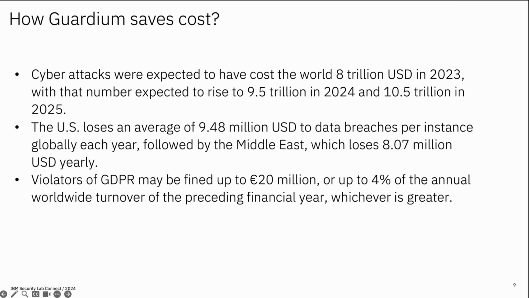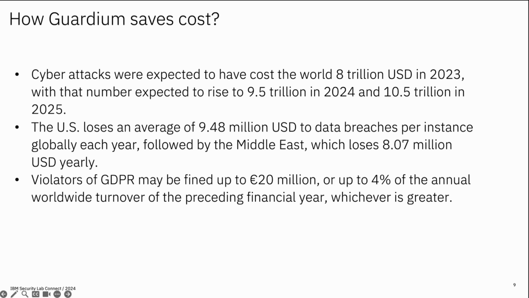So cyber attacks were expected to have cost the world around 8 trillion US dollars in 2023, and this number is going higher in 2024 and 2025, right? And also every year, the US alone loses an average of close to 9.5 million US dollars to data breaches per instance, followed by the Middle East, which is a little bit over $8 million.